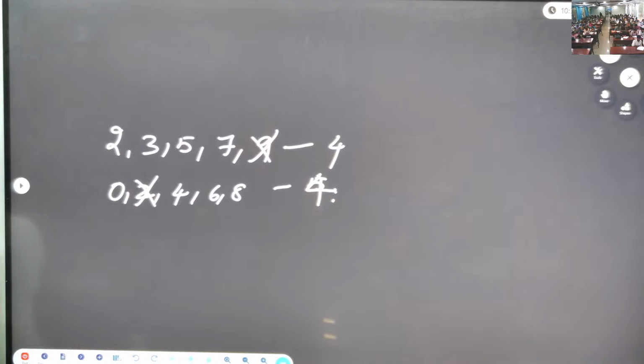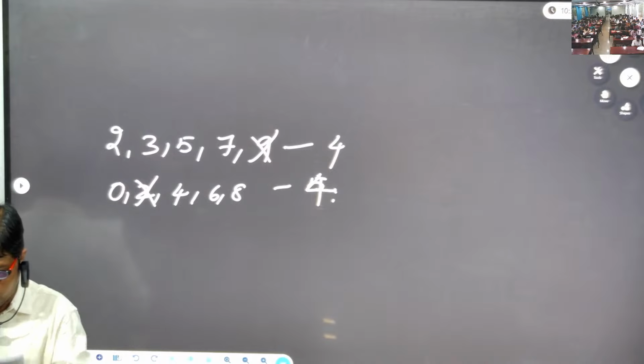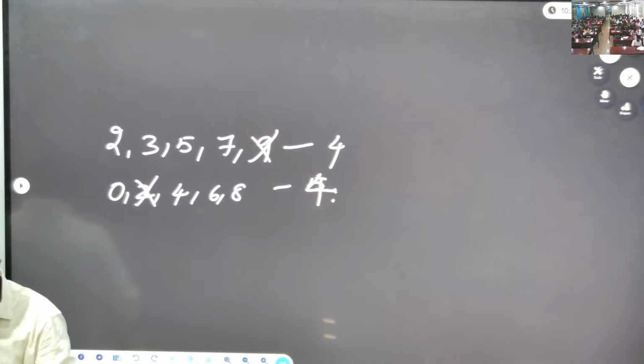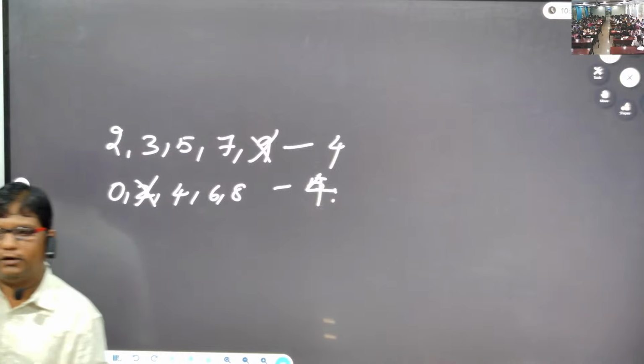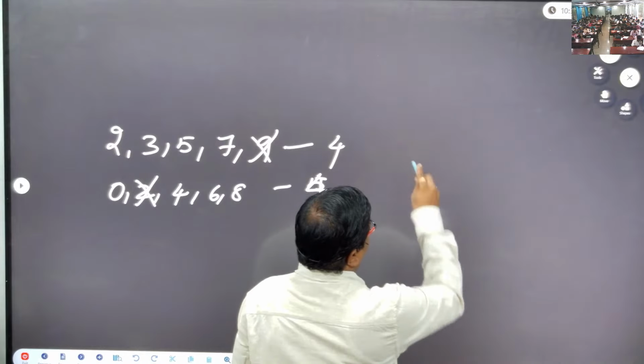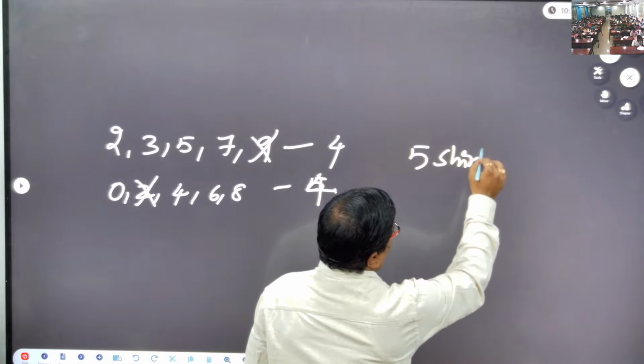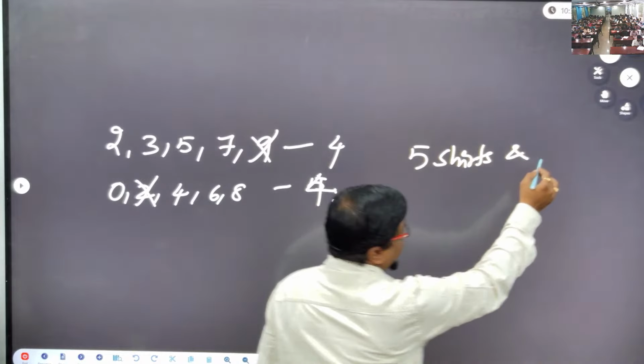Suppose a person has 5 shirts and 7 ties. Or you can write 5 shirts and 7 pants.